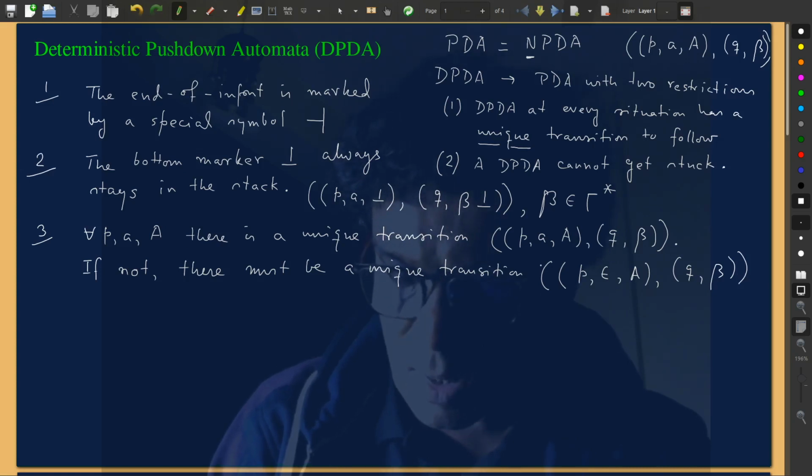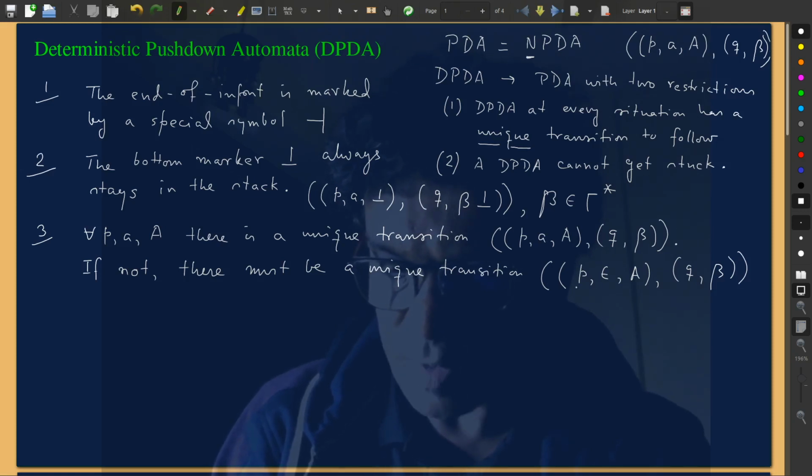But if for a given a, there is no way the machine knows what to do when it is in state P and scans symbol a with A on top of the stack, and there is no such transition, then there must be some unique transition of this form. You are in state P, and cannot consume a. Then without consuming that a, this epsilon transition applies.